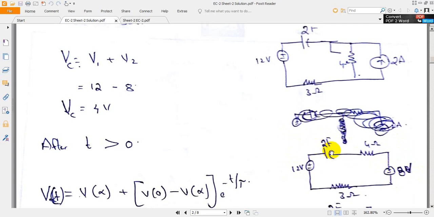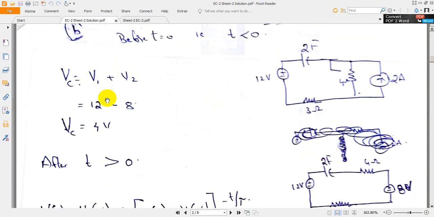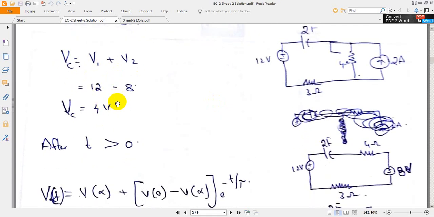So what will the voltage across this be? VC is equal to V1 plus V2, or simply you can write it as 12 minus 8. You will get 4 volts. Now the voltage across the capacitor will be 4 volts.